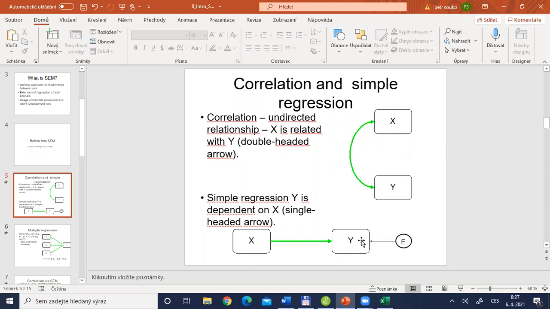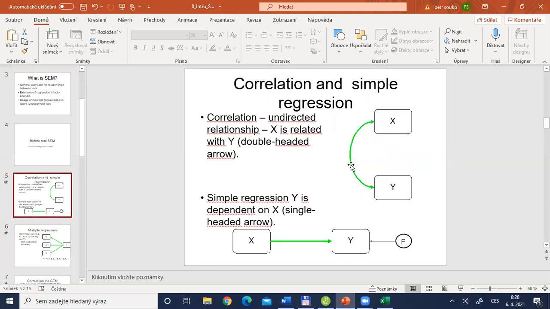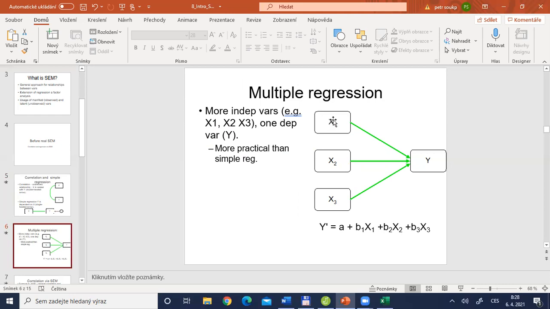Now I will move briefly into a more realistic multiple regression case. Let's imagine that my model includes not only one independent variable, as we have here, x, but for example 3 independents, x1, x2, and x3.